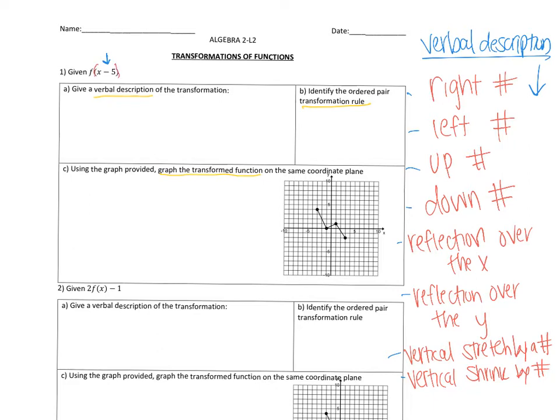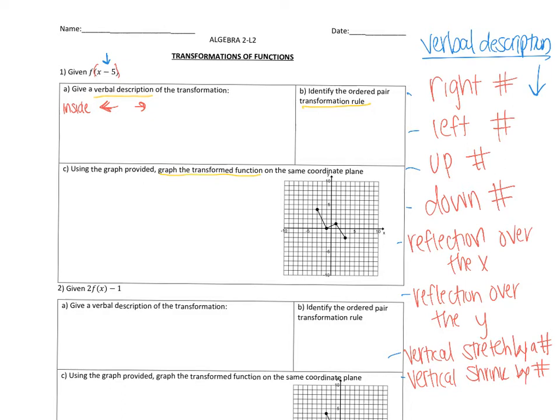So that's important. When we go inside, I'm going to note here so you guys can see, inside, we go left and right. So we move left and we move right. When I see something inside, I'm either going to write right or left. So inside, we see a -5, so we think that we're going to go left.